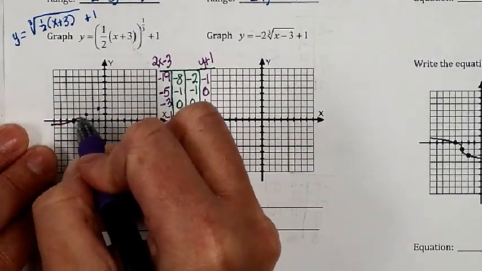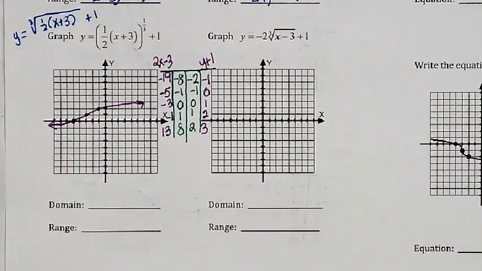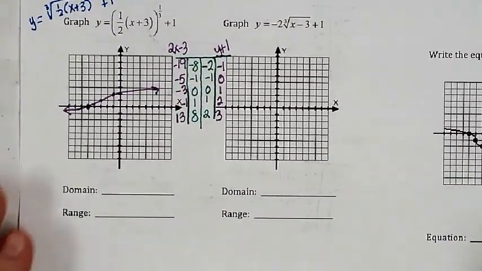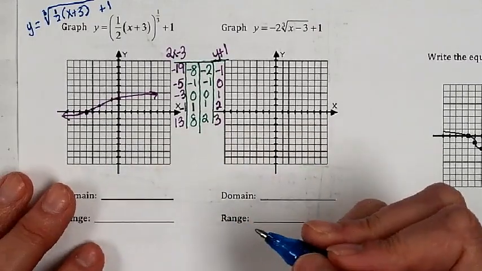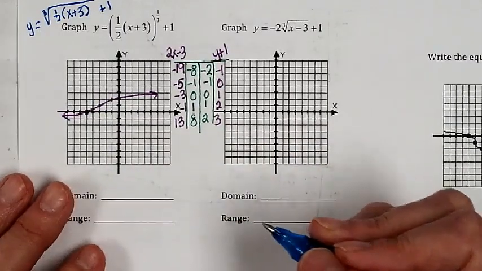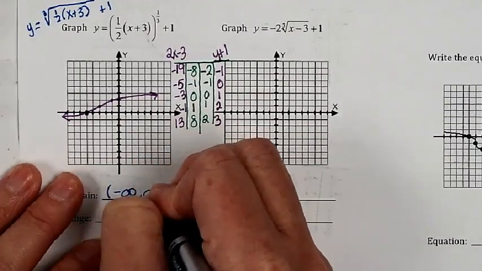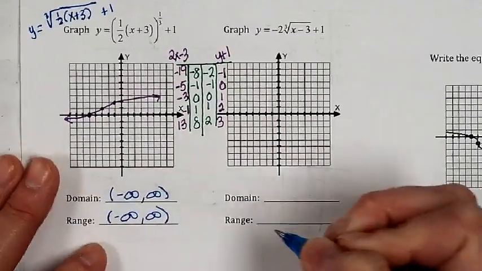So it looks like that. So domain and range, negative infinity to infinity for both. Is there an anchor point for those? Yes, your anchor point will be the negative 3, 1.